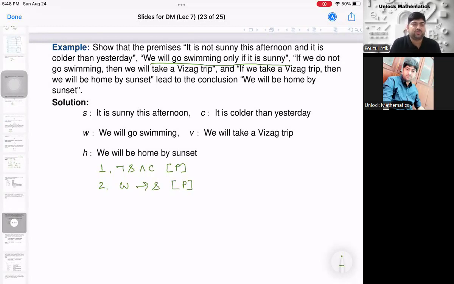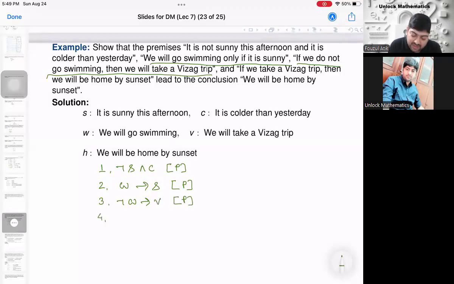If we do not go swimming, then we'll take a Vizag trip. How do you represent it? Not going swimming means not W. So it is given as not W, and this implies we will take a Vizag trip. Therefore, it is not W imply V. This is another premise.